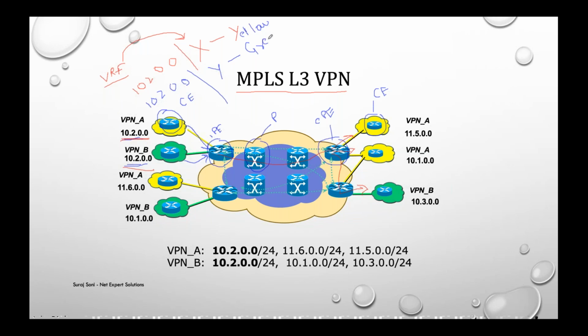So now I have the same subnet coming from the customers, 10.2.0.0, but they have tags which are uniquely assigned, and by the use of those tags I'm segregating them.